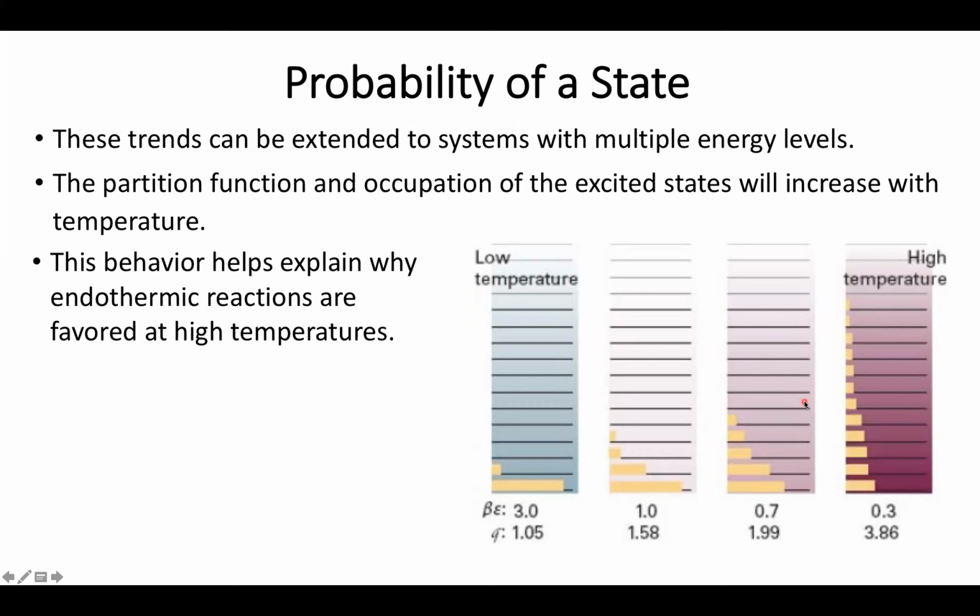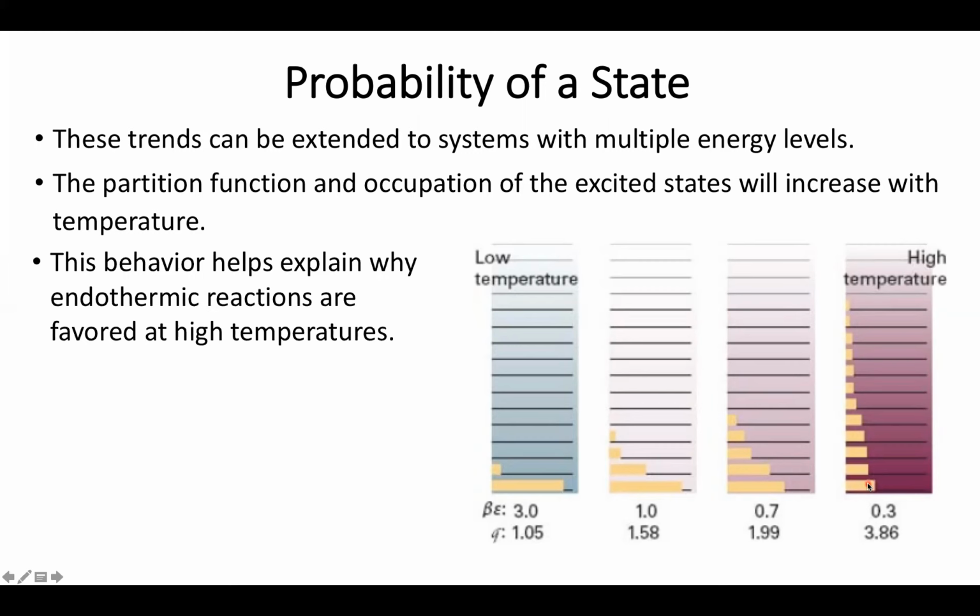Now, what we often care the most about is what this means in terms of chemical behavior. And we can draw two big take-home implications about topics we've already talked about. First of all, when I'm talking about reaction equilibrium, if I'm just looking at energy levels, I'd always tend to expect species to occupy the lower energy state. So endothermic reactions should never occur because I'd have to go from a low energy to a high energy.